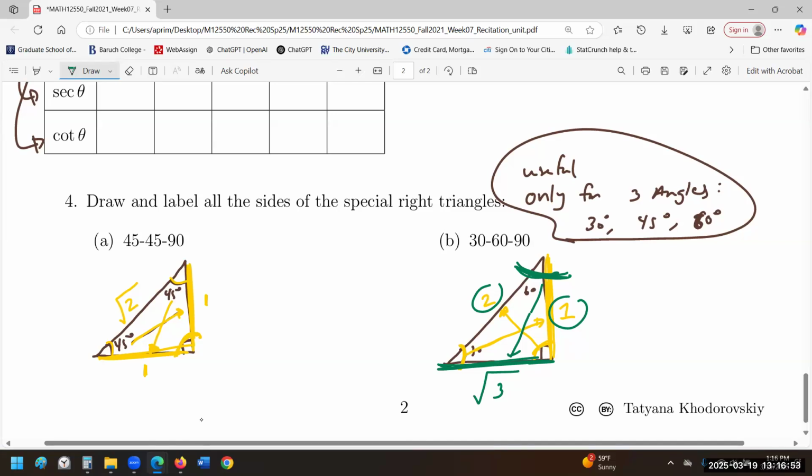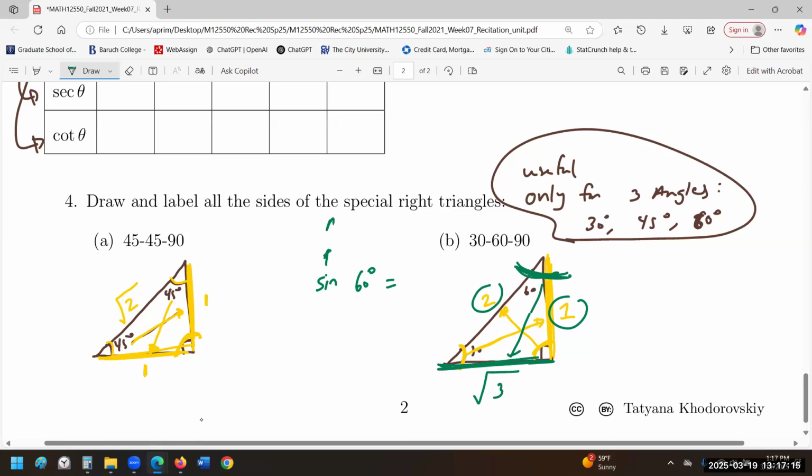Now you may wonder, why do you care about these angles? What do they tell us? Well, they tell us the value of any trig function. For example, what is sine 60 degree? In order to use the triangle, you actually have to remember your identities.